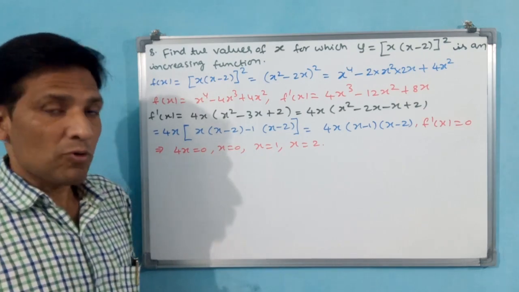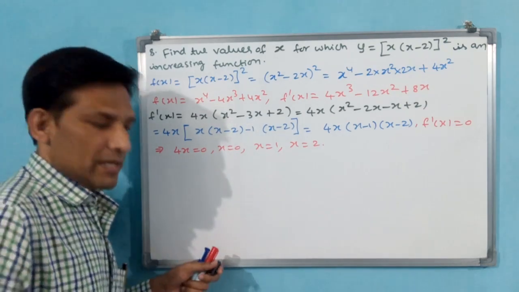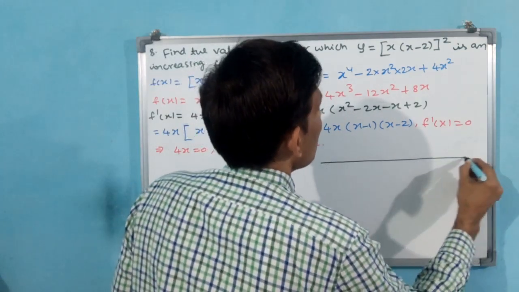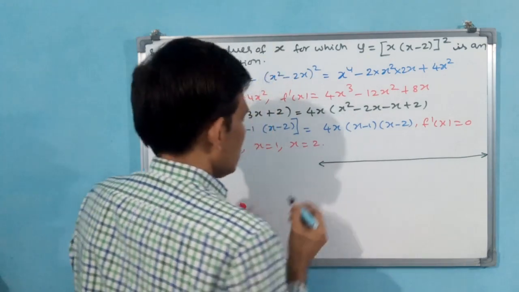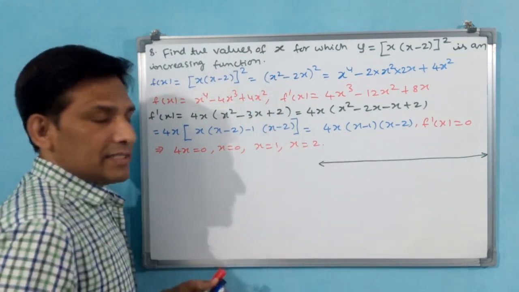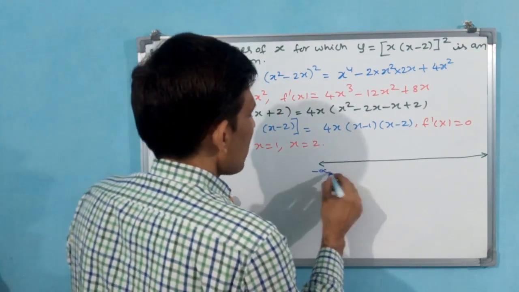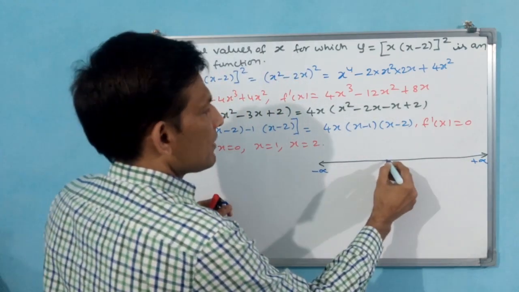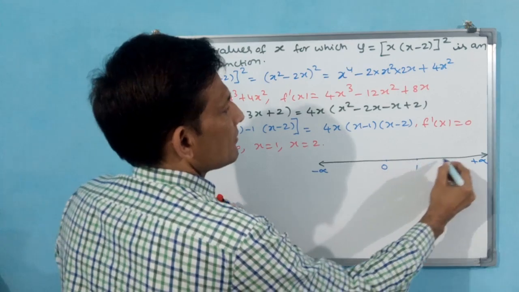Three values have come, so a total of 4 intervals are going to happen. Let us write these intervals: minus infinity to plus infinity, first 0 will come, next 1, next 2.